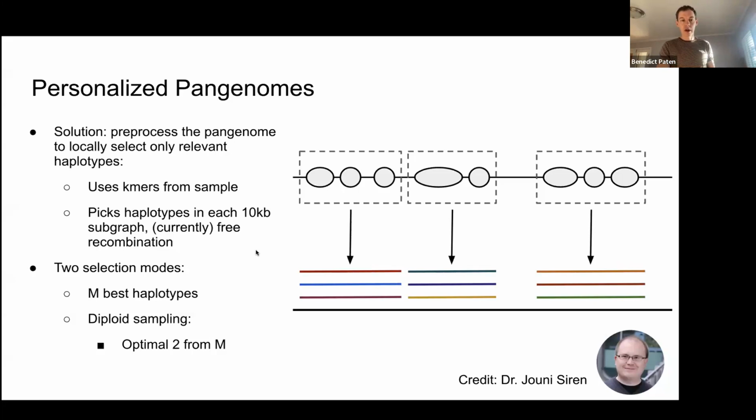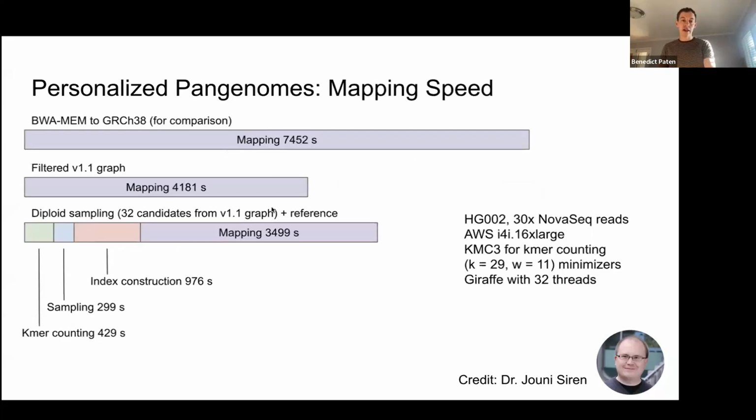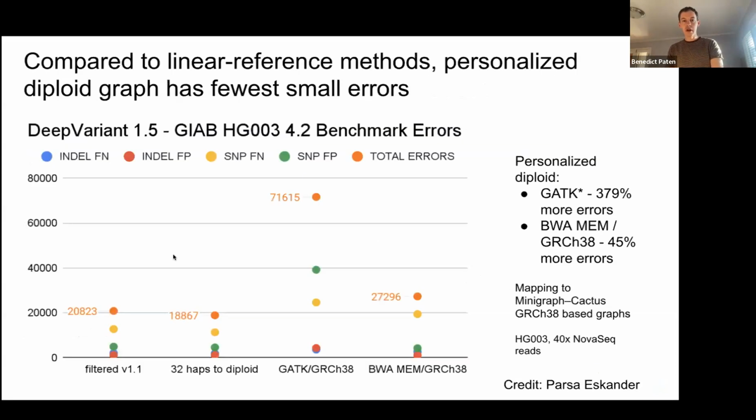And we have that now working, and it's very fast. So here's how long it takes BWA-MEM to map a set of reads to GRCh38. And here's how long it takes to map using that diploid sampling to the pan-genome, including the process of building that personalized pan-genome. And just to very briefly say, the results are really, really good.